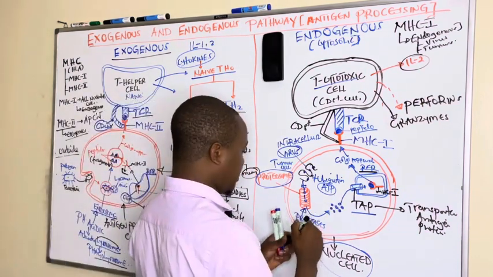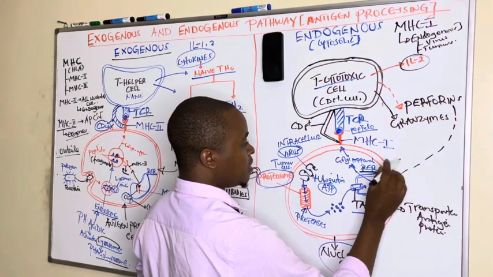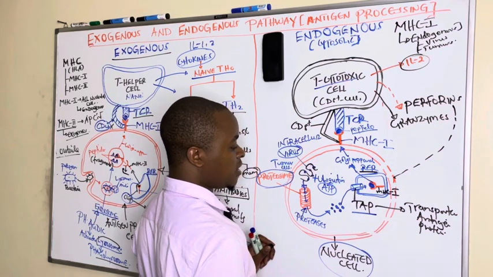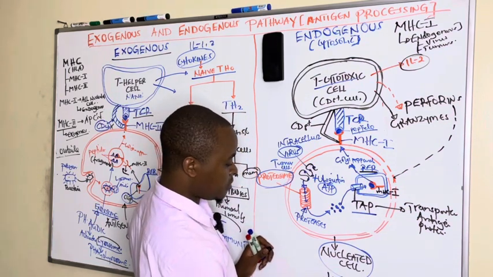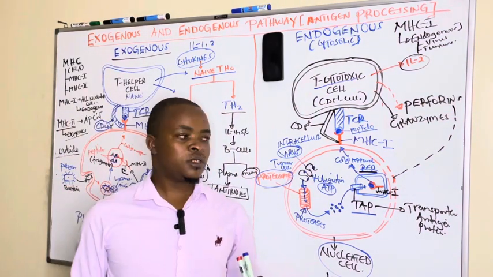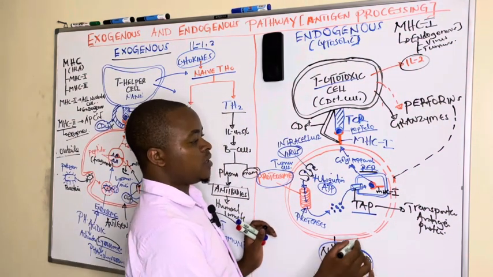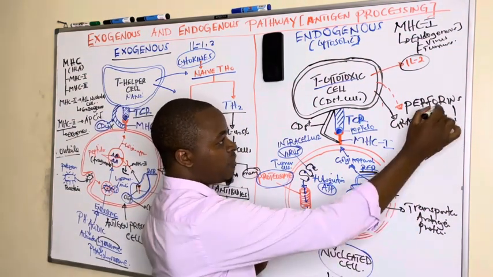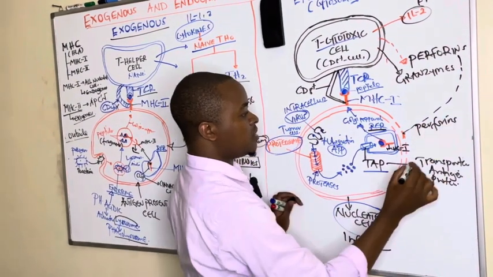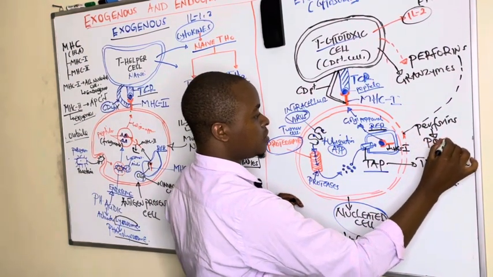So these perforins come and start creating many pores in the infected nucleated cell.